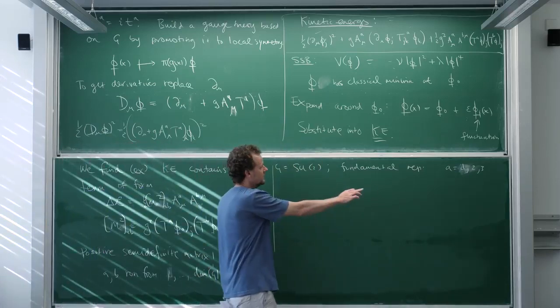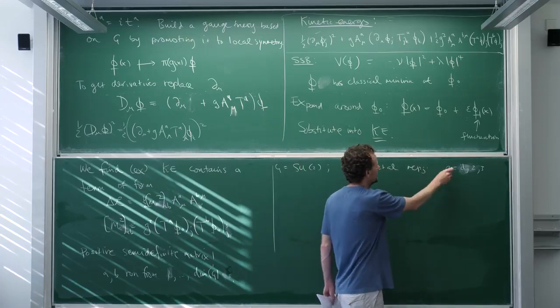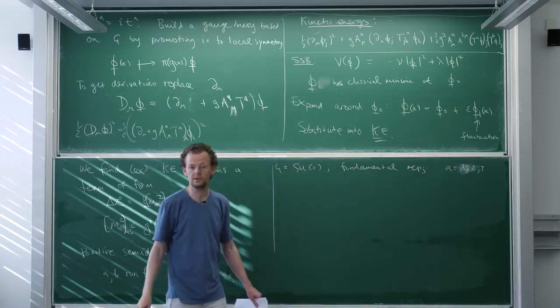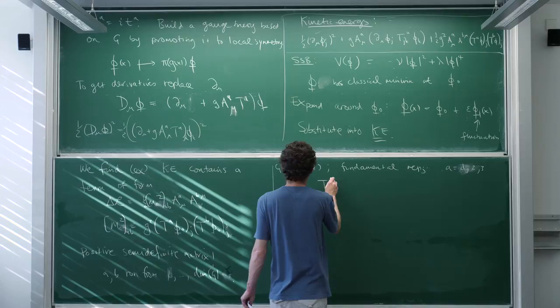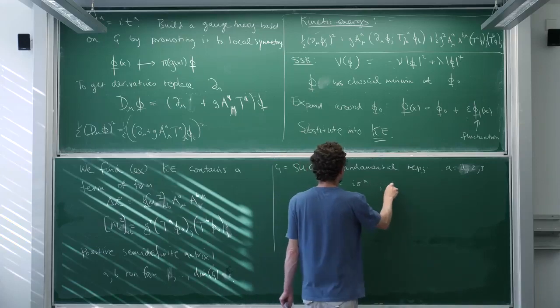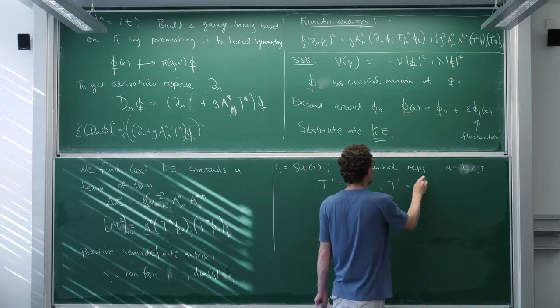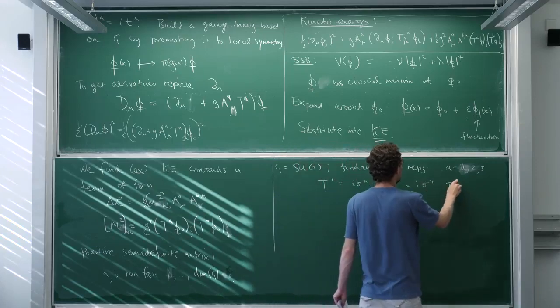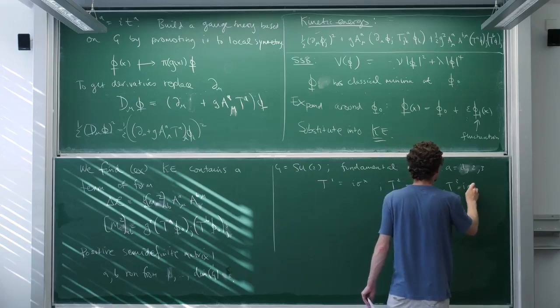So for this case here, in the fundamental rep, these A's run from 1 to 3, and T1 is I times Pauli X, T2 is I times Pauli Y, and T3 is I times Pauli Z.